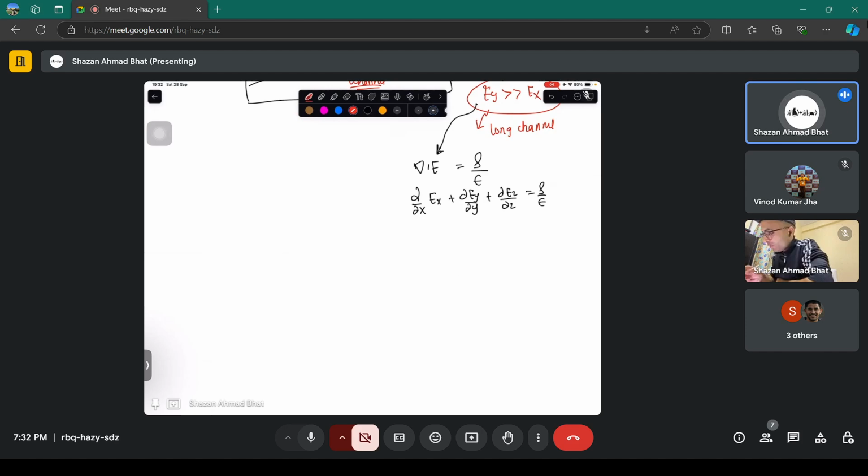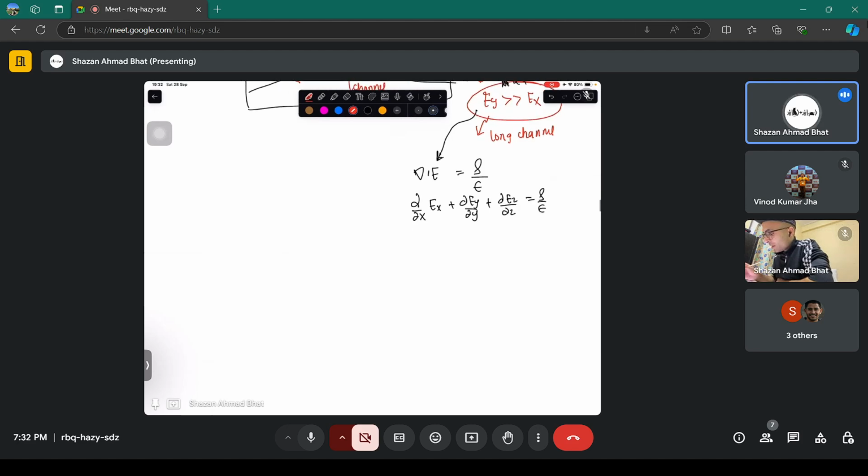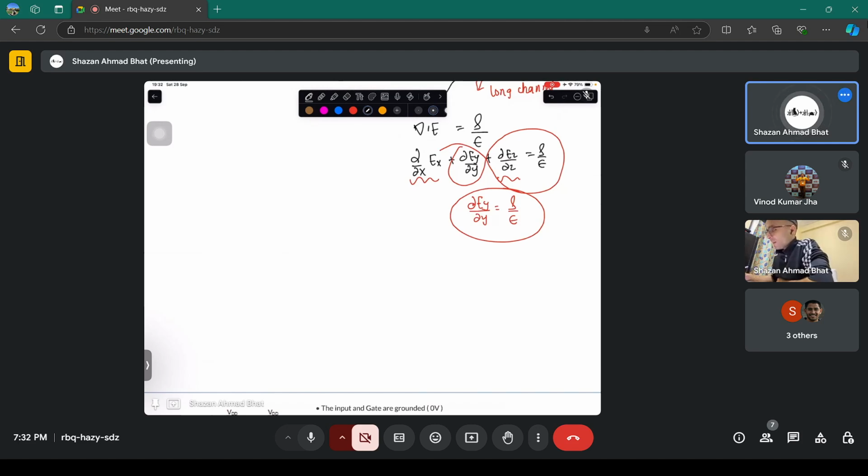But if you don't want to consider these other gradients, you can neglect those variations and just solve it in a one-dimensional case: dou Ey by dou y equals rho divided by epsilon. That will solve your problem. But this is only applicable if the channel is long.